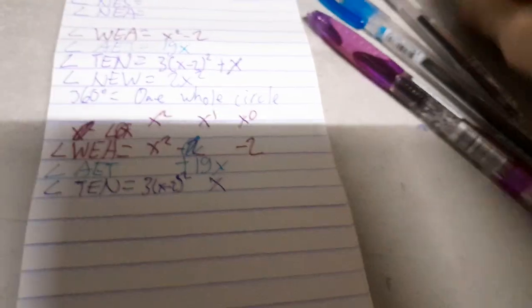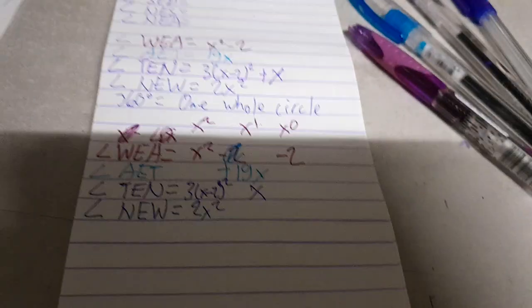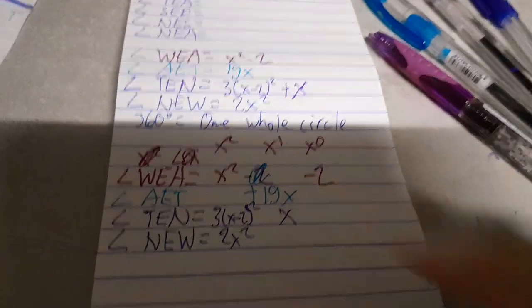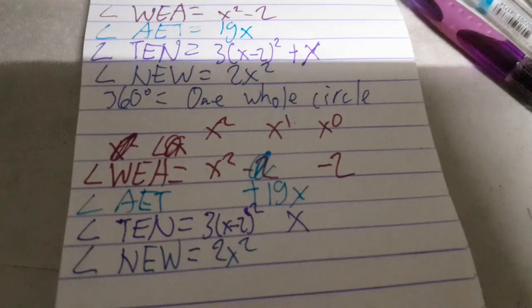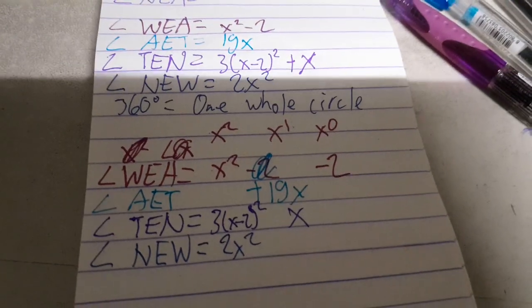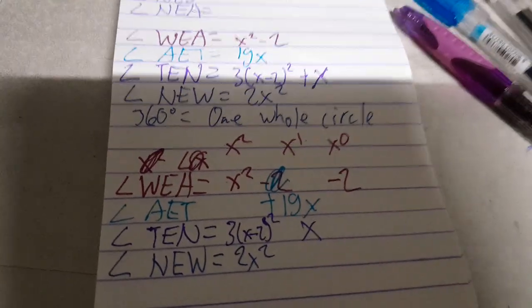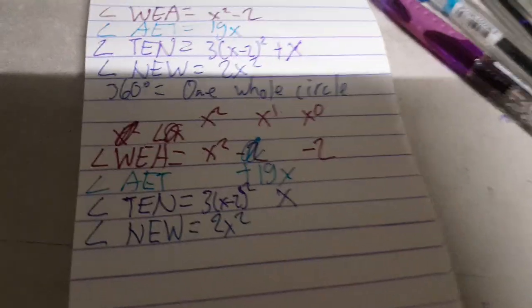And the last part, we have 2x squared. Pero the first thing that we need to do is this. We need to simplify the x minus 2 squared. Remember, we need to simplify the x minus 2 quantity squared first before we get the value.